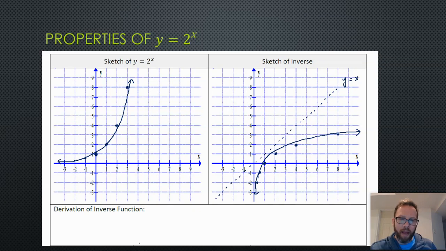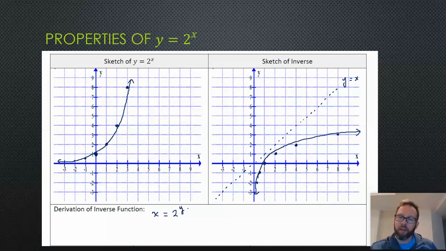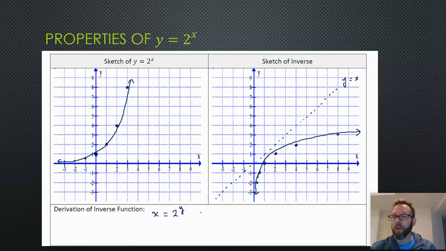So let's derive the inverse of this function. The way we did that in our grade 11 course, we flip-flopped the x and the y. So x equals 2 to the power of y. In the last lesson, we reviewed our logarithm rules, and we had one rule that allows us to get a variable out of an exponent.